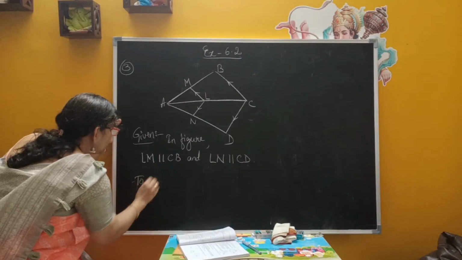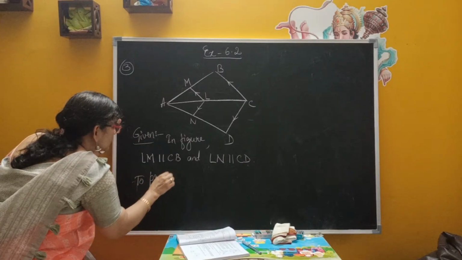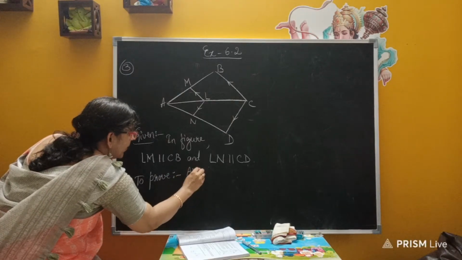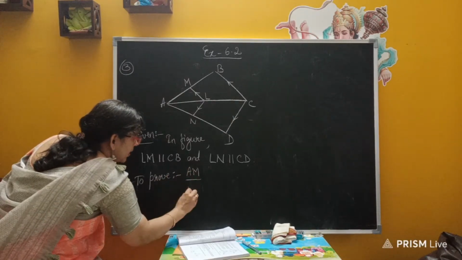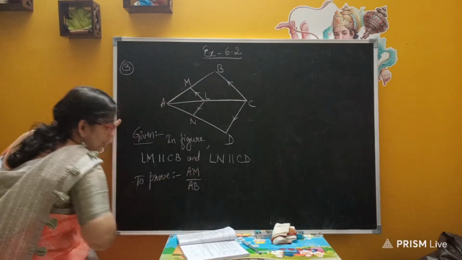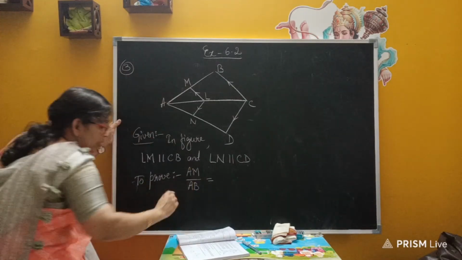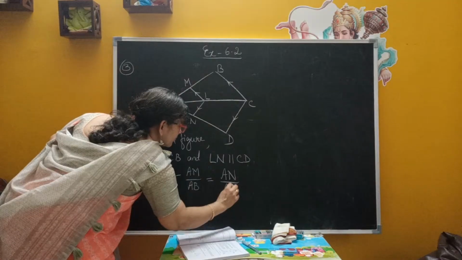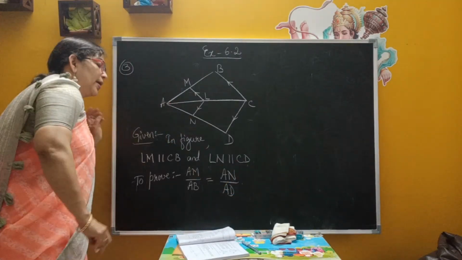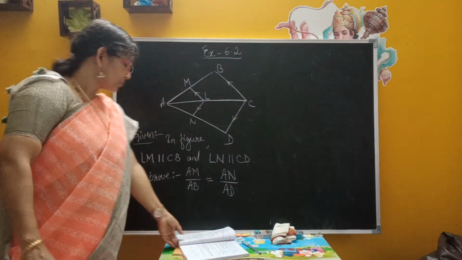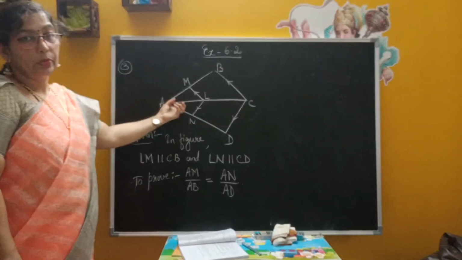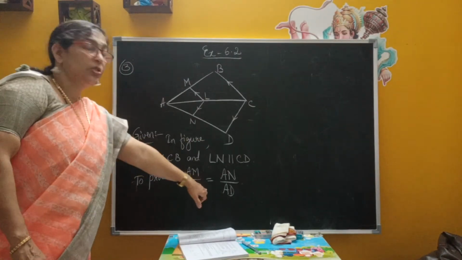We need to prove AM by AB is equal to AN by AD. So these are from the figure: what is given and what is to be proved.